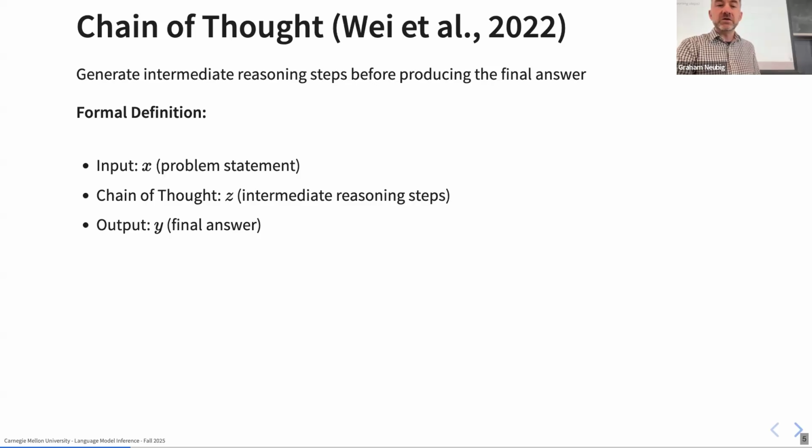Basically, Z is a latent variable that we use to improve our predictive accuracy of Y. So our goal is to get the best P of Y given X, the best predictor of the output. But the way we will do this is by marginalizing over Z, so summing over all Z so that we can get a better prediction of Y.